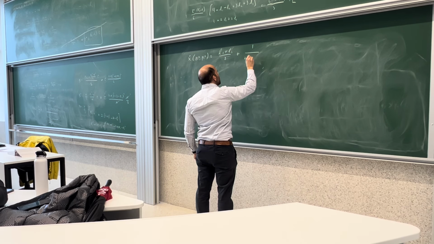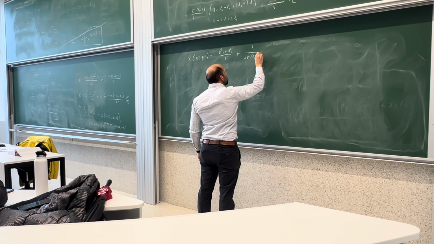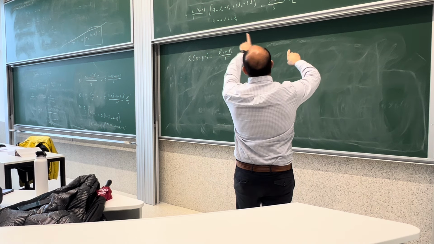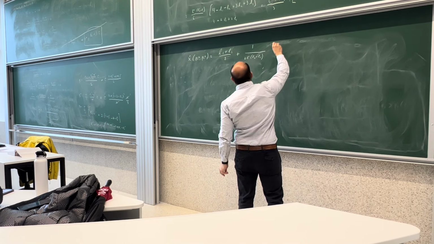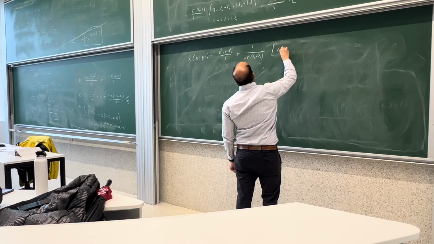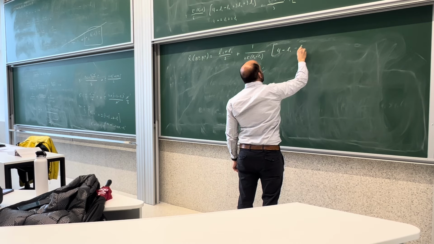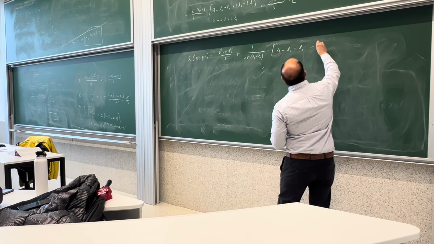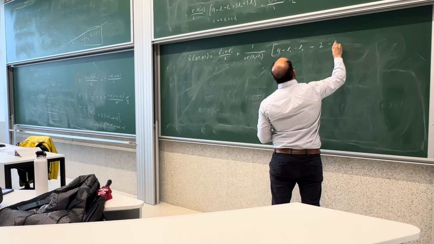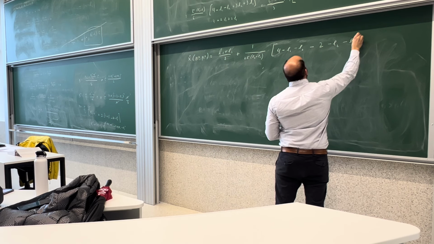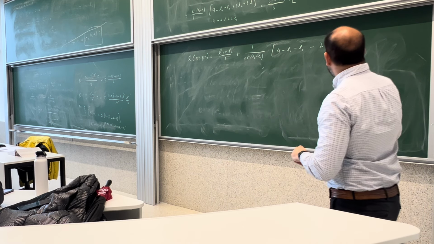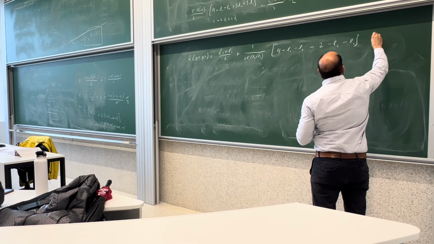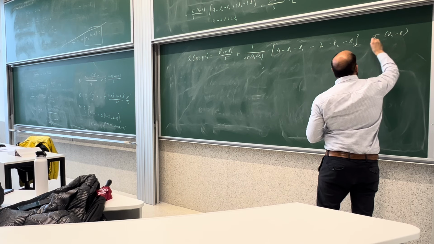That is, 1 over 2 tau times L2 minus L1 times the difference between P2, which is 4 minus L1 minus L2, minus P1, which is 2 plus L2 plus L1, all times tau times L2 minus L1 over 3.